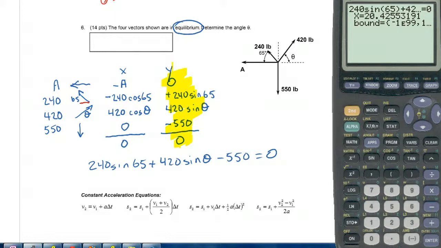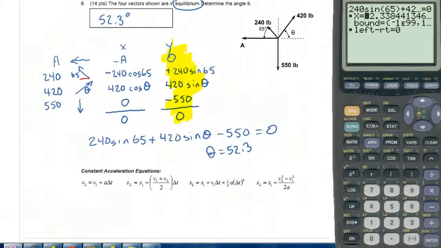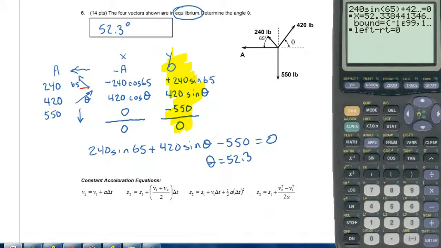I'm going to guess theta, say 60 degrees, as the starting value, and it gives me 52.3 degrees. No algebra, just using the solver. This is fine, you don't have to show intermediate algebra steps. You don't have to solve for A if it's not asked for. Alright, let's stop this one.